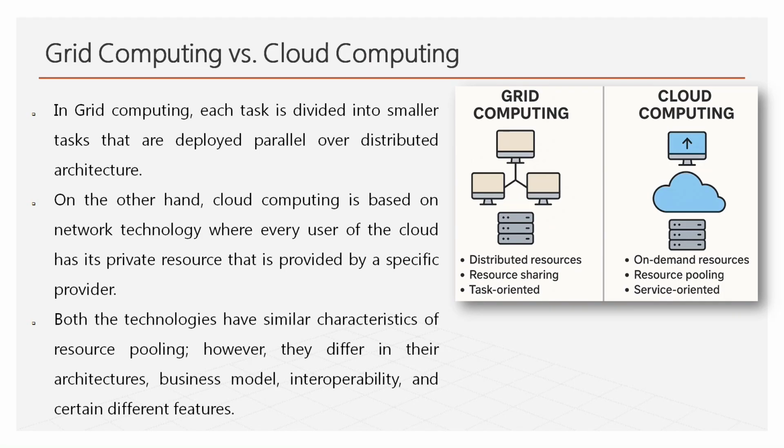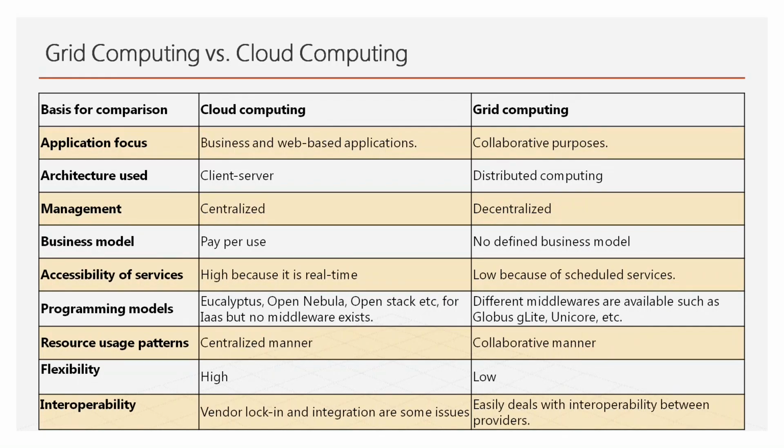But in cloud computing it is service oriented. Whatever the requirement of service is, accordingly you use only that platform or service. Now, in detail, you can observe application focus: business and web-based applications in cloud computing, and in grid computing it is collaborative purposes. For architecture, it is client-server for cloud computing and distributed for grid computing.